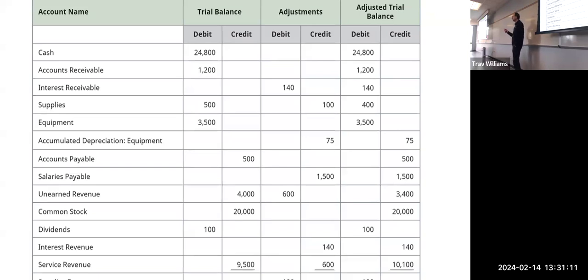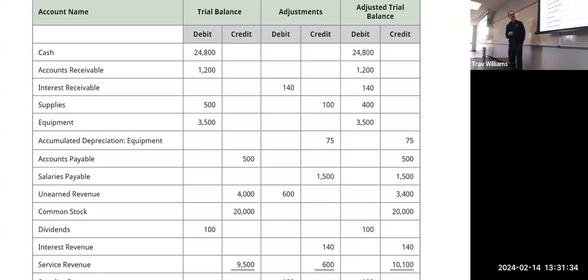Does that make sense? Let's look at another adjustment here. And this one, unearned revenue. Again, that's a liability. It has a credit balance. So that means previously we owed $4,000 worth of work. We did $600 worth, so that decreases it with the debit.